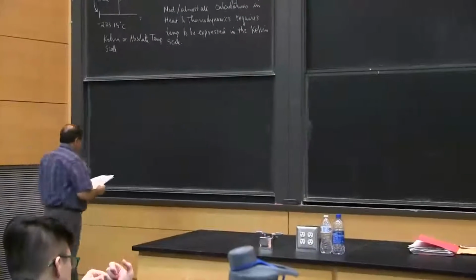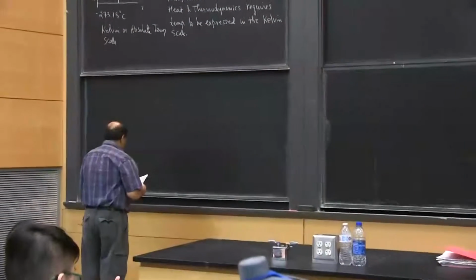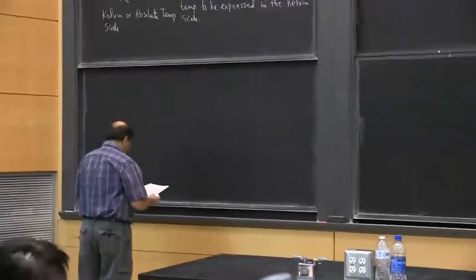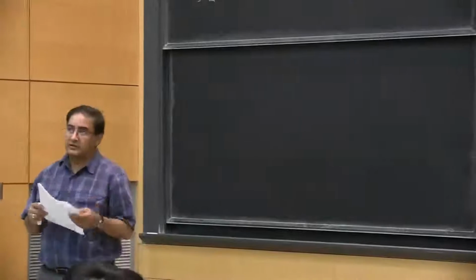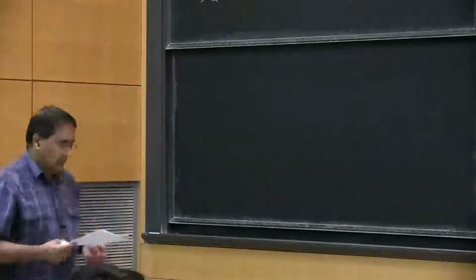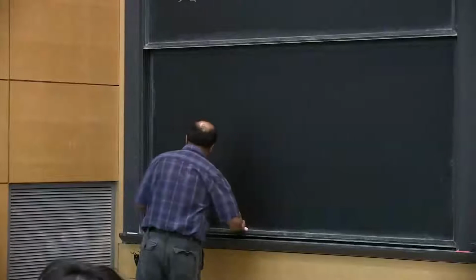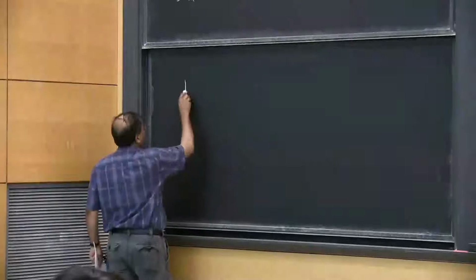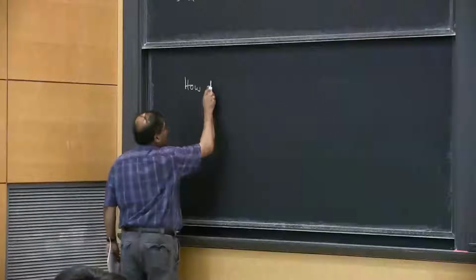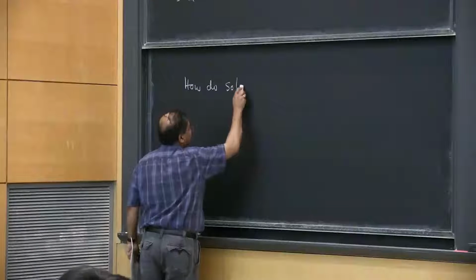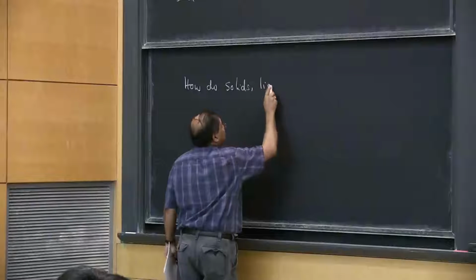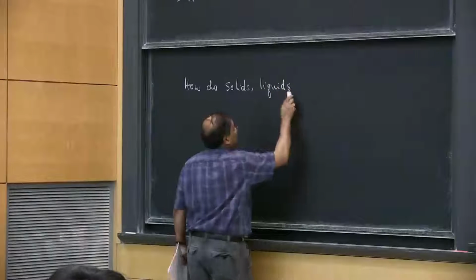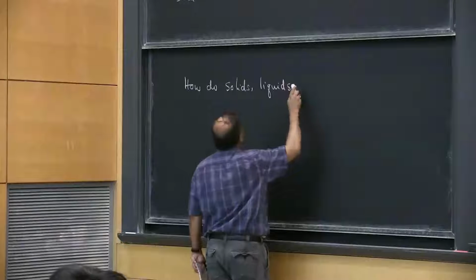to what happens to solids, liquids, and gases when temperature goes up or goes down. Now this is of great practical importance because much of our world around us is very, very sensitive to temperature changes. So how do solids, liquids, and gases, let's say the three most common states of matter, change with temperature?